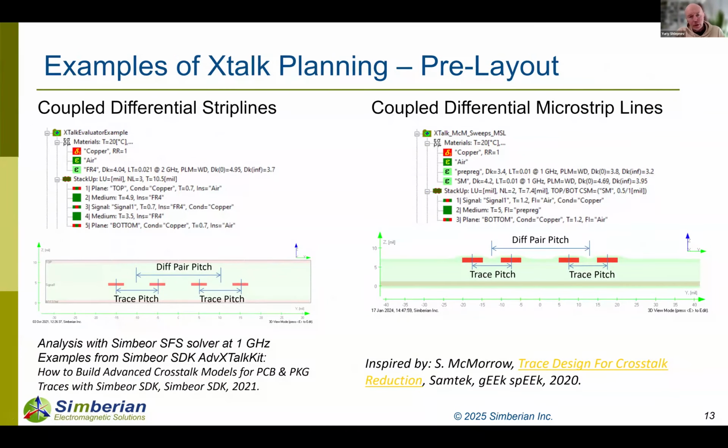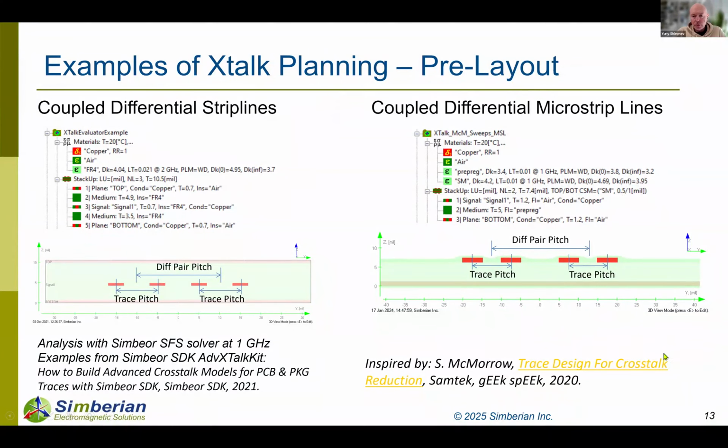So to illustrate how to apply this formula, I use Simbeor SDK, which is really a wrapper around all Simbeor solvers and tools, and it includes this advanced crosstalk kit where you can quickly enter the geometry and evaluate the value of crosstalk with any method, actually, not just with coefficient, as I illustrate here.